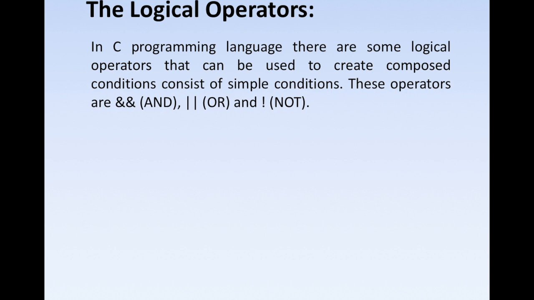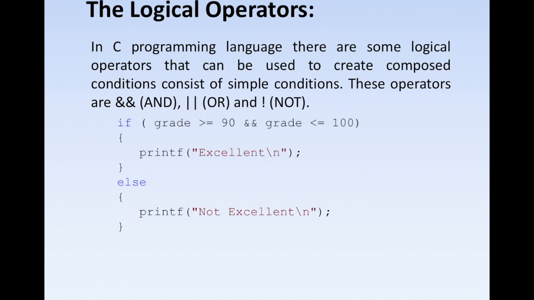Instead of doing, let's say, if you have two options, grade greater than or equal 90 and grade less than or equal 100, you have two conditions. If there are two conditions, instead of doing them as two ifs, you can do them in one if and have the conditions combined with and, or, not.